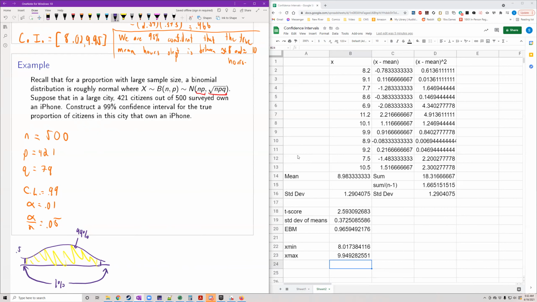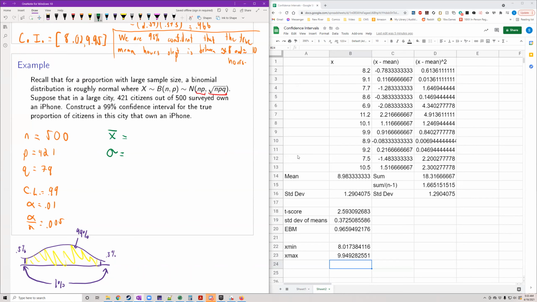So 0.5% is on each edge. And I just realized for our alpha, we should have had an extra 0. It should have been 0.005. We can use this, therefore, to calculate our mean and our standard deviation.